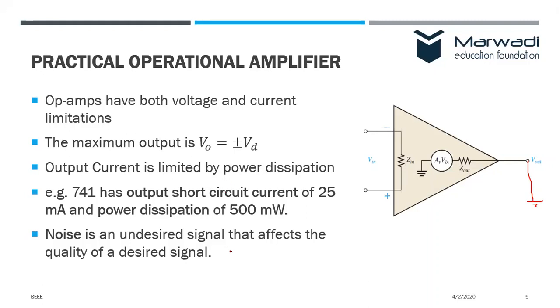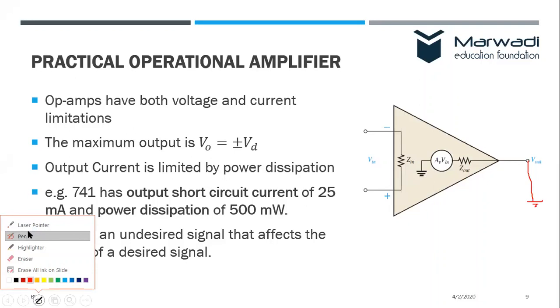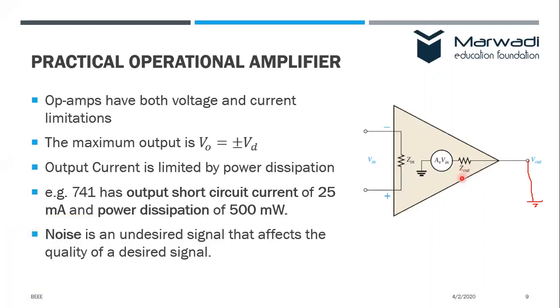Another thing is that there is noise. Of course, it is not part of this. You can see that we have an input impedance here, and then we have an output impedance here. So input impedance should be near infinite or as high as possible, and the output impedance should be near zero.